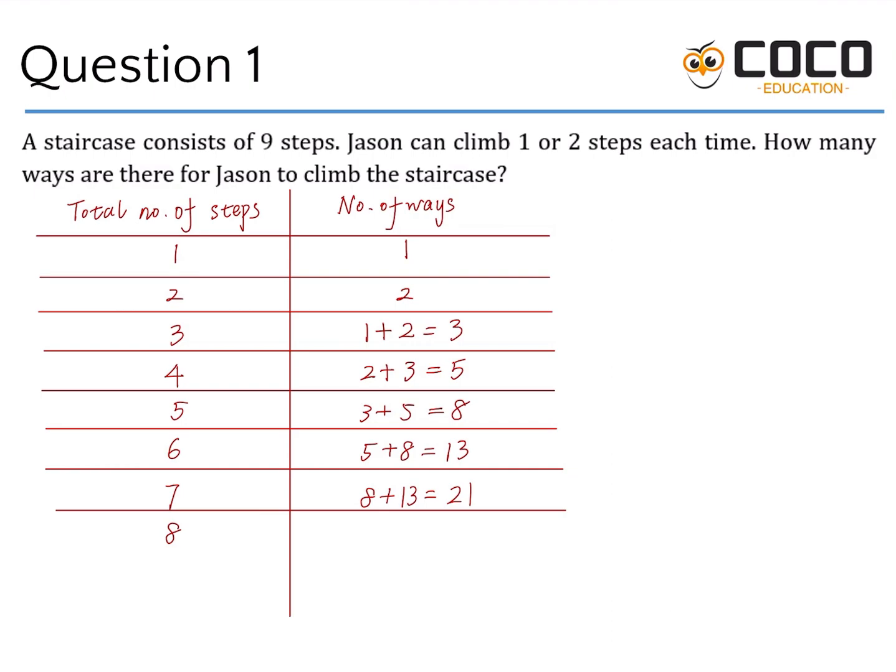When it's 8 steps, that's 13 plus 21, so 34. And lastly, when it's 9 steps, that's 21 plus 34, so 55.